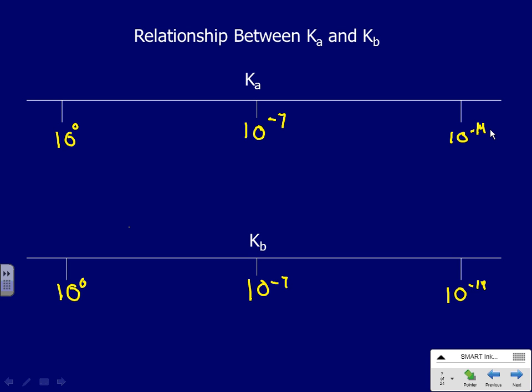Very weak, super weak, all right? So I'm going to put over here, super weak. And that's true down here with the base. If I have a base that is also way down there at 10 to the negative 14, it's super weak. And it's a super weak acid. I'll put that on the end there. And this is a super weak base.